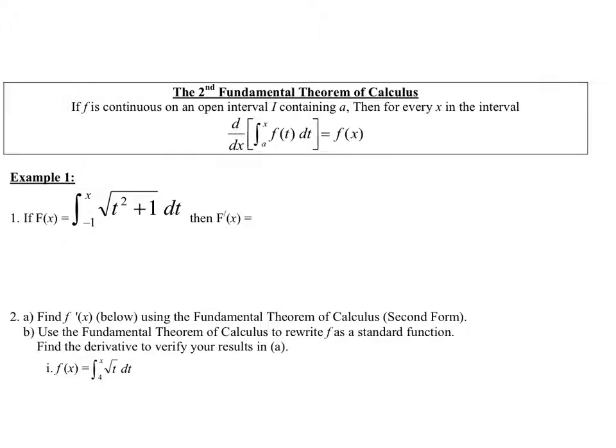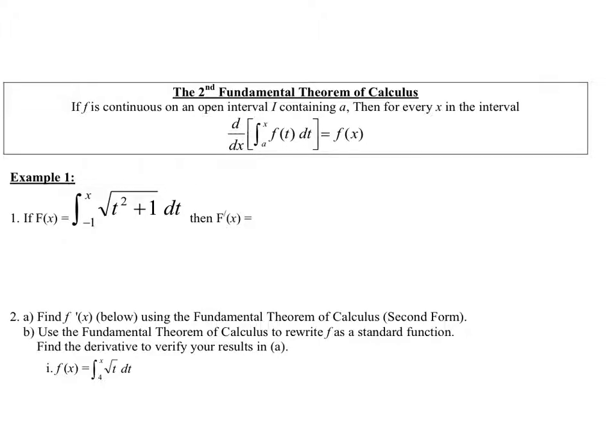When you say a needs to be a constant, is there ever going to be a time where a or b equals cosine of something? If it's cosine of pi over 2, sure, you could just plug in the value. If it were cosine of x, you're getting into things beyond the scope of this class.